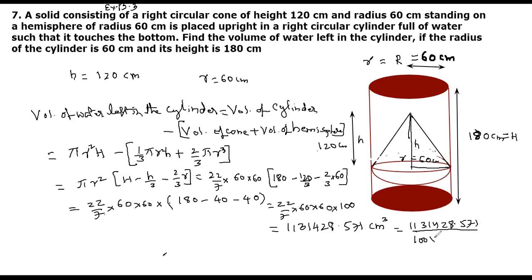So the decimal will shift 6 places: 1, 2, 3, 4, 5, 6. So this decimal will come here after six places, and this will become 1.131 cubic meter. Okay.